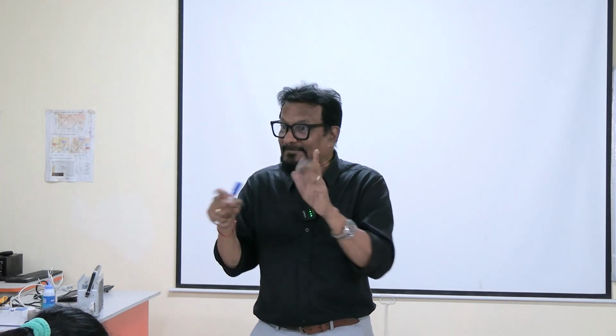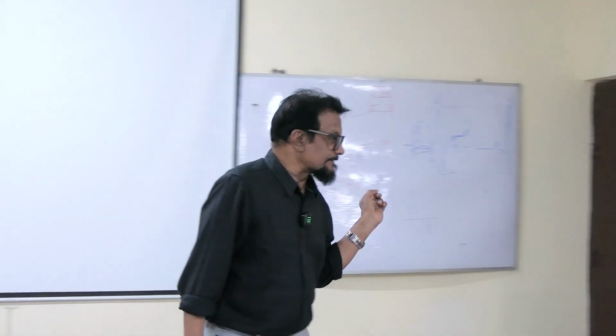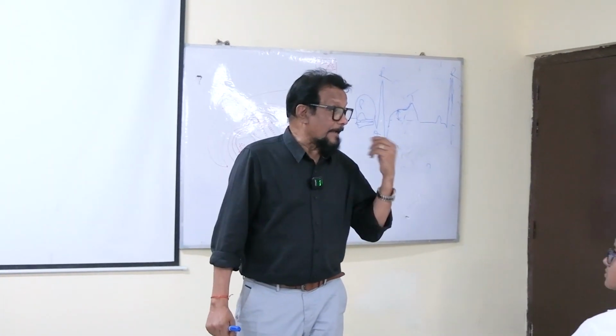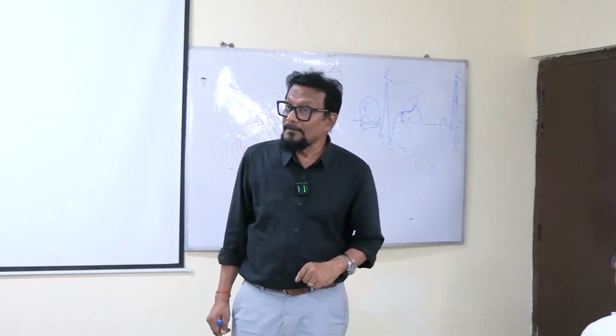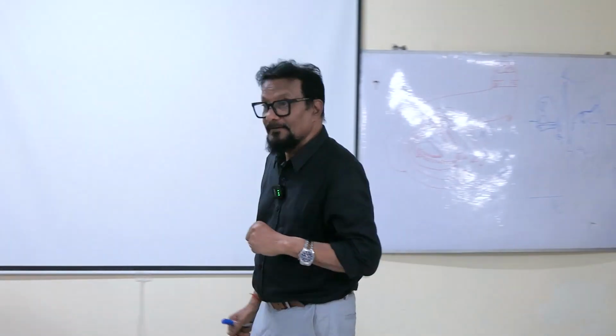But if the height is increased and the top is tent shaped, then the patient has right atrial hypertrophy, the right atrium is enlarged. If we get an M-shaped P wave, that means both atria are enlarged.